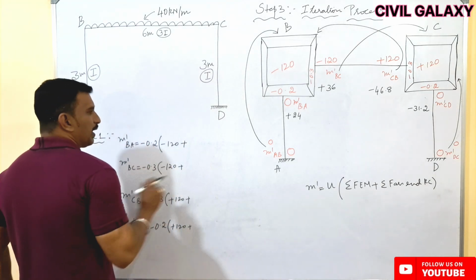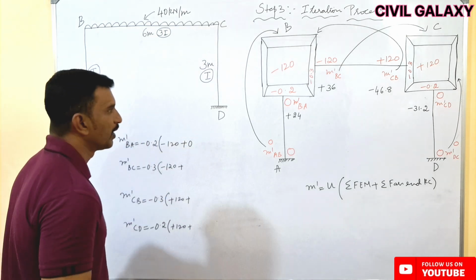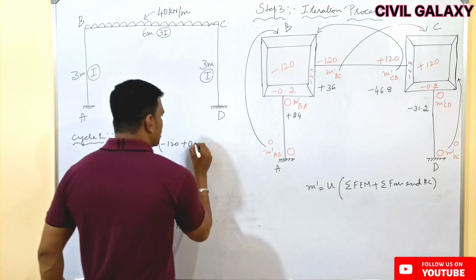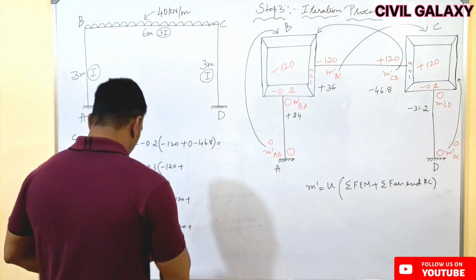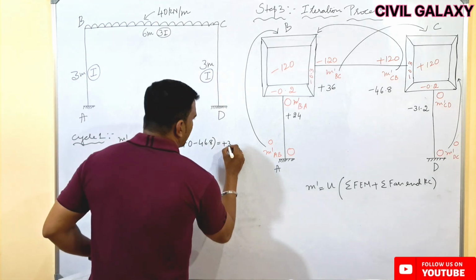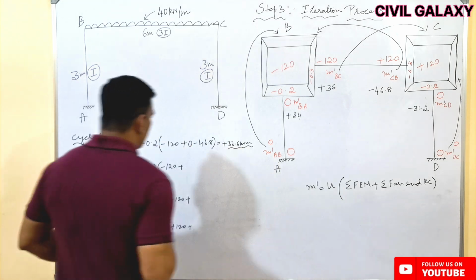Here the far end rotation contribution is plus 0 and for the other we now have a new iteration value of minus 46.8, which gives a value of plus 33.6 kilonewton meters.